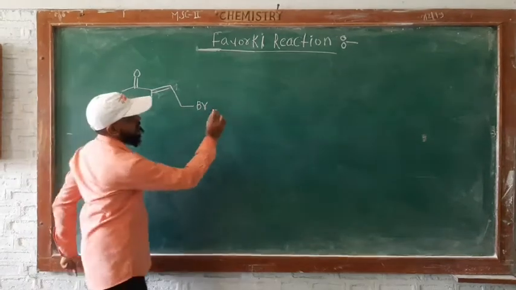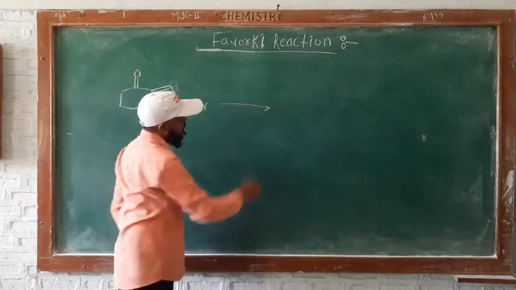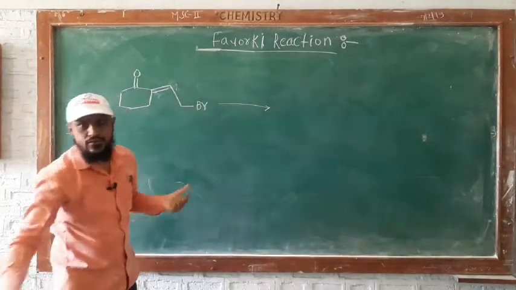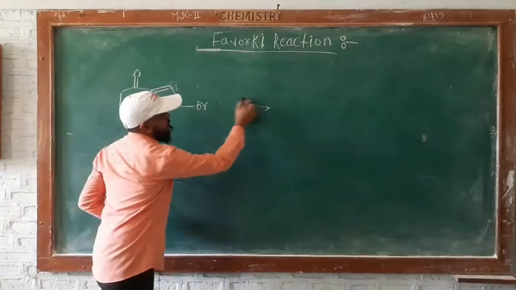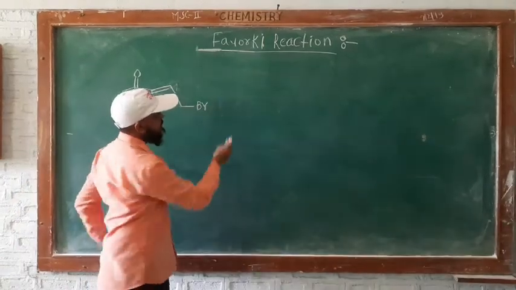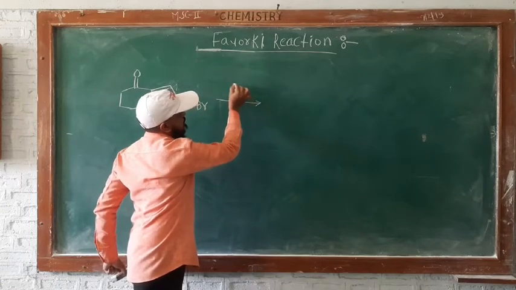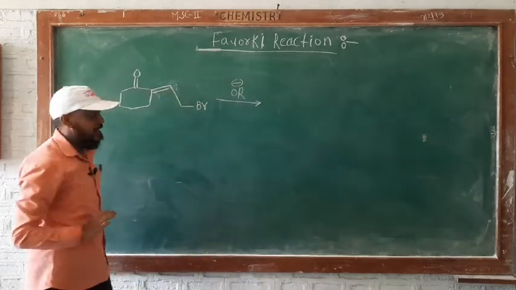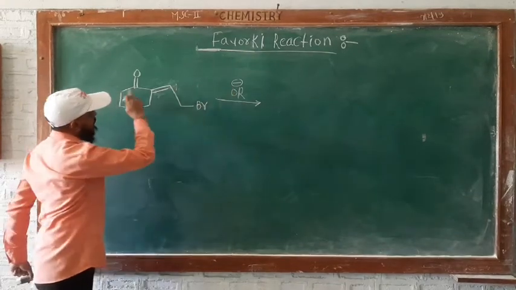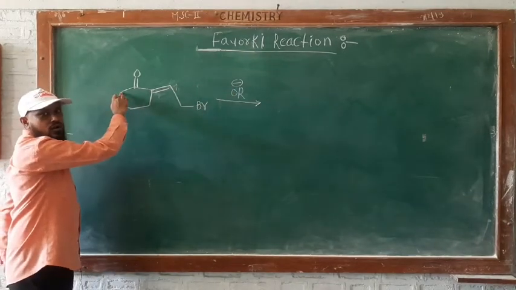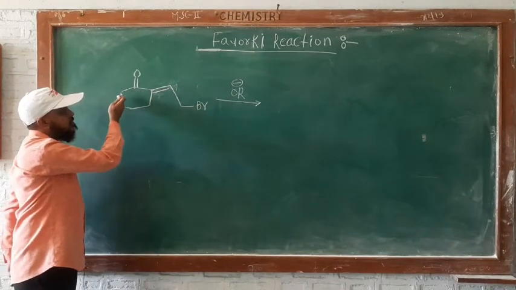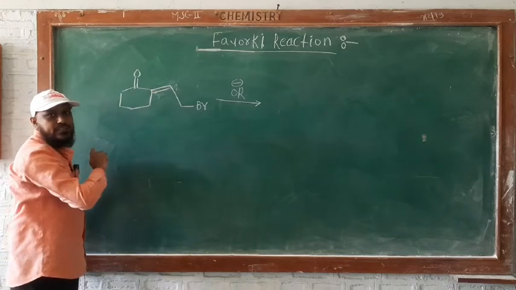Now look here, the mechanism of the reaction is the same. In the first step, the reagent alkoxide acts as a base, and it extracts the acidic proton on the left side of the substrate molecule.